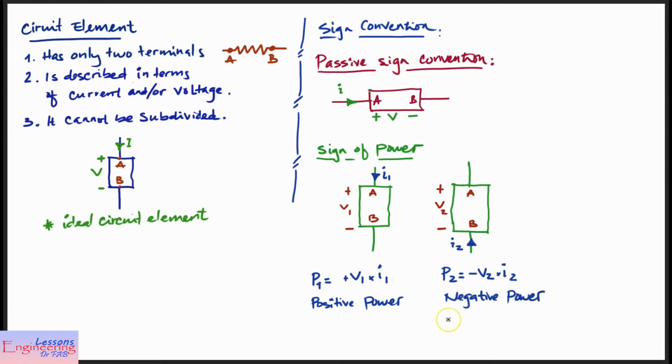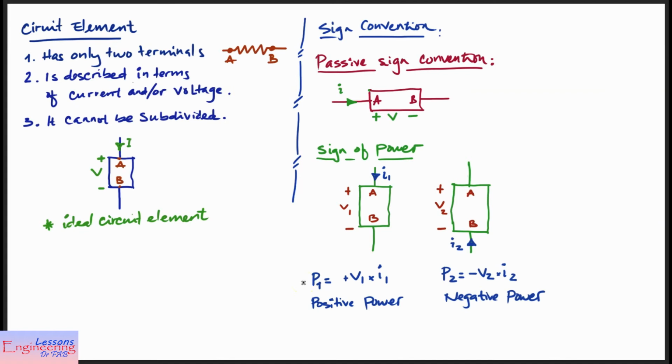Okay, so what does it mean? In the first case we have discussed that this being a passive component that uses power, and the passive sign convention goes in the direction of voltage drop, and this positive result is confirming that voltage drop, okay.